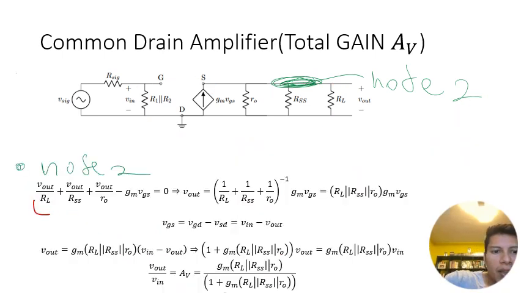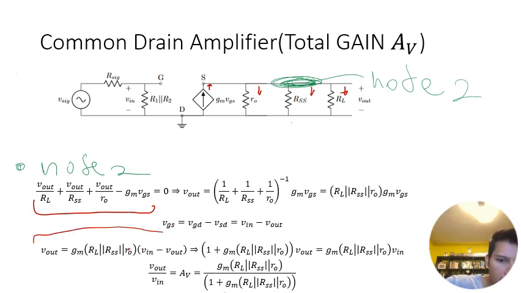So this is the nodal equation that I wrote on the previous slide. Remember that we have a negative sign because it's coming in, and our convention is that coming out is positive. Then we solve for V_out, and once we have V_out, we end up with this equation here.